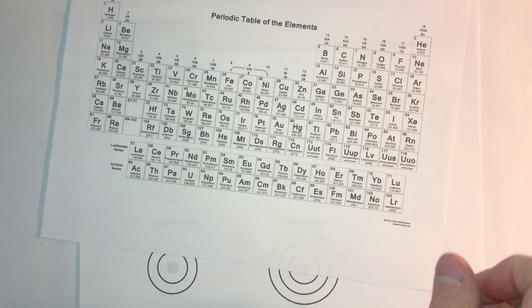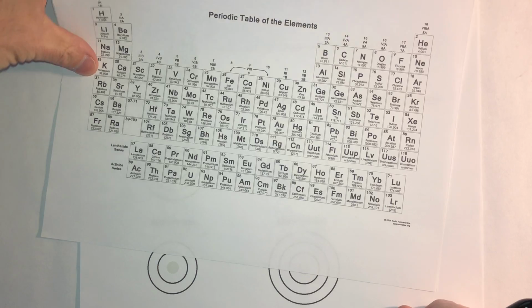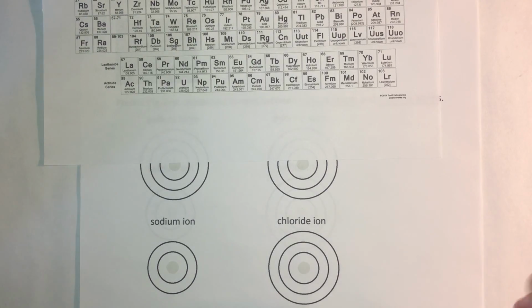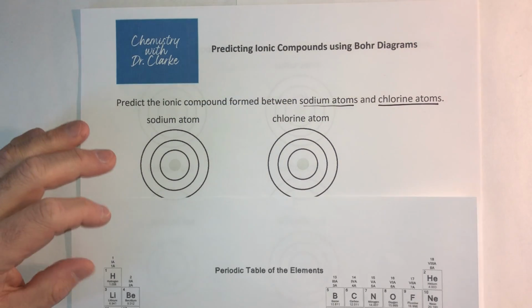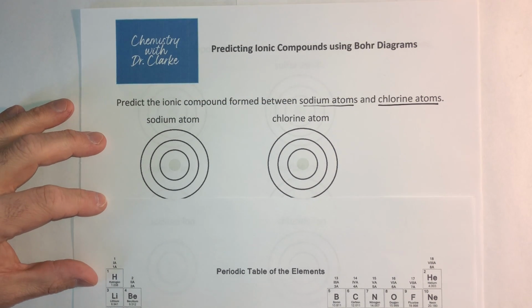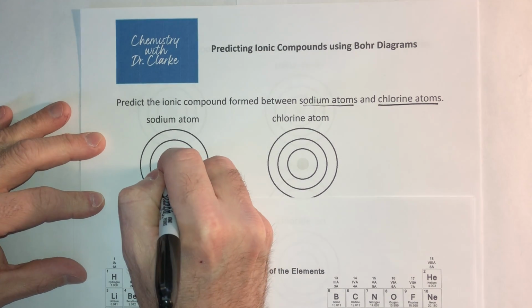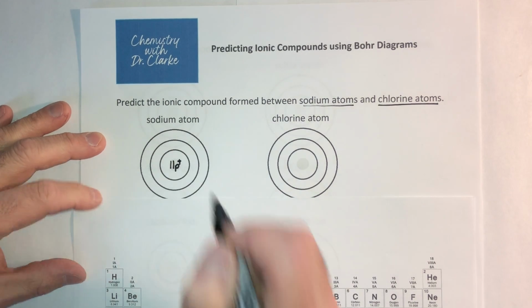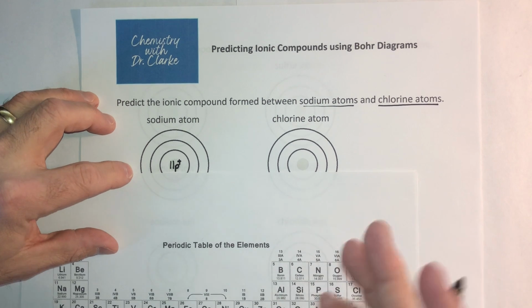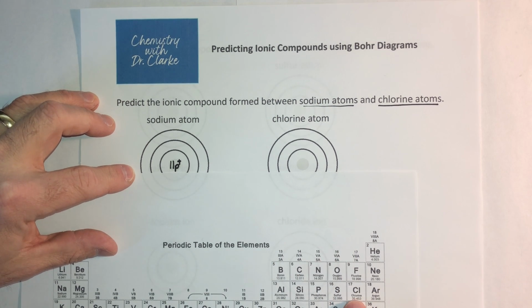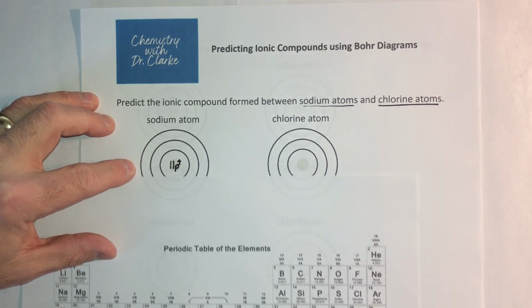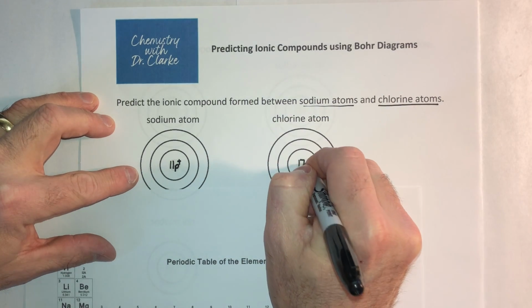If you're doing a chemistry course, undoubtedly whoever's teaching it has provided you with one. If I look up sodium, sodium is element number 11, and because it's element number 11, it would have 11 protons. If I look up chlorine, chlorine is element number 17, and therefore it would have 17 protons.